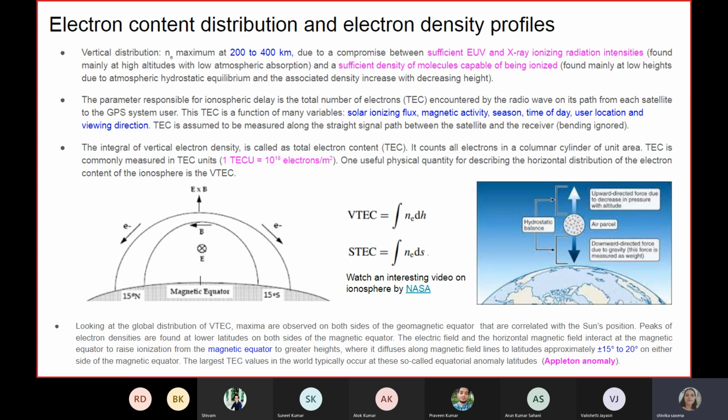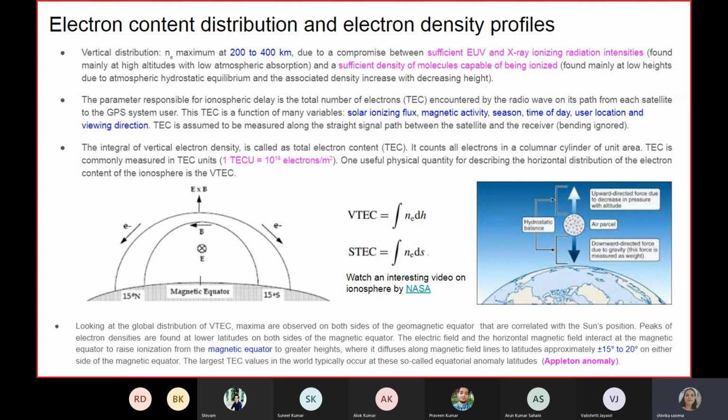Now what was the Appleton anomaly? The global distribution of vertical total electron count, VTEC, is represented by the Appleton anomaly. Maxima are observed on both sides of the geomagnetic equator that are correlated with the sun's position. So this is related to the magnetism of the earth.